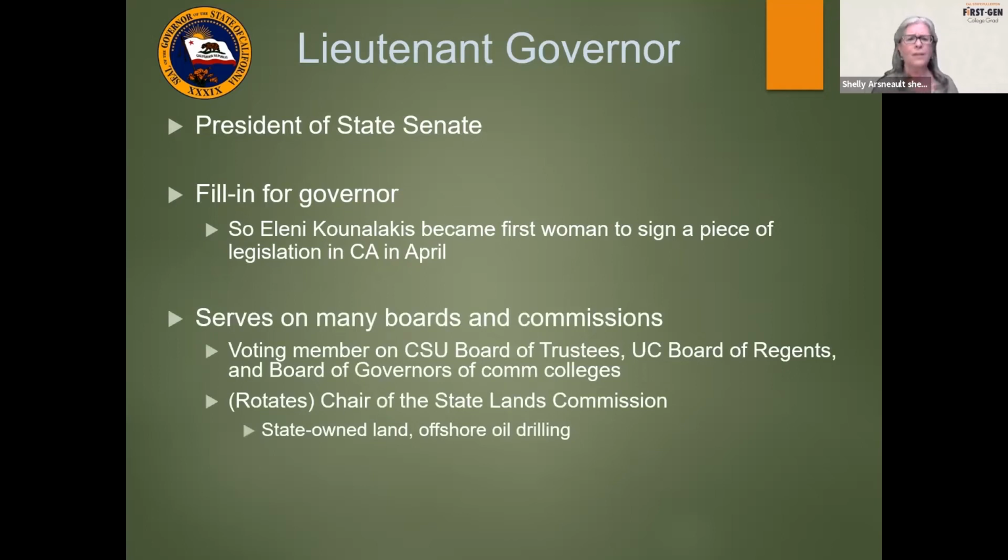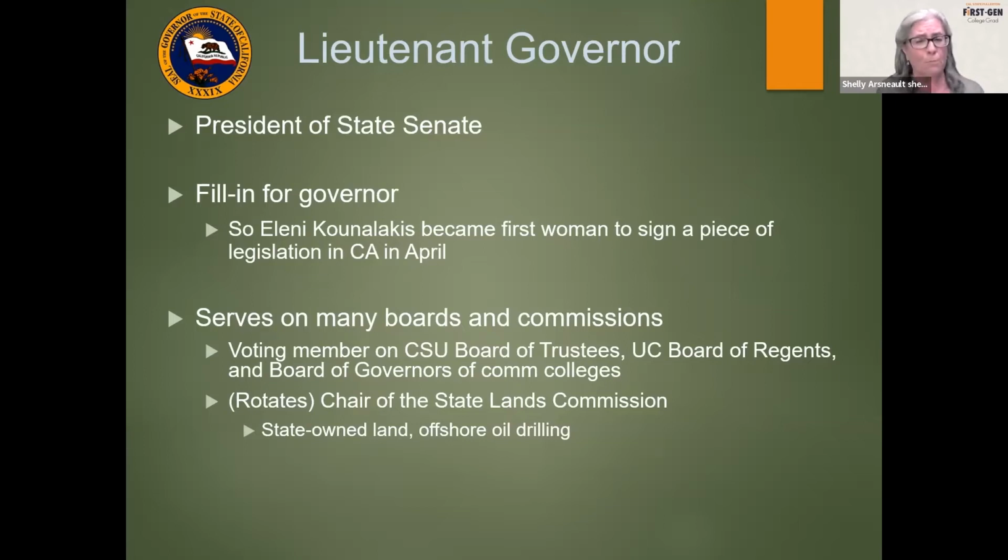The other thing that the lieutenant governor does is serve on a lot of boards and commissions. So the lieutenant governor is a voting member on the CSU Board of Trustees, so close to our hearts. Also on the UC Board of Regents and the Board of Governors of our community colleges. And the lieutenant governor rotates the chair of the State Lands Commission.